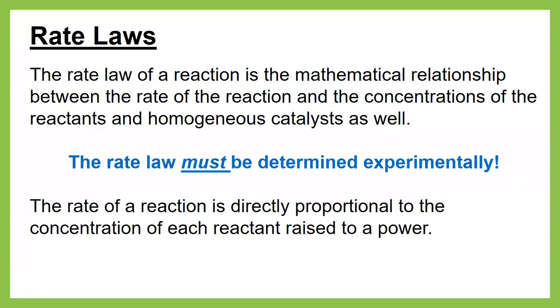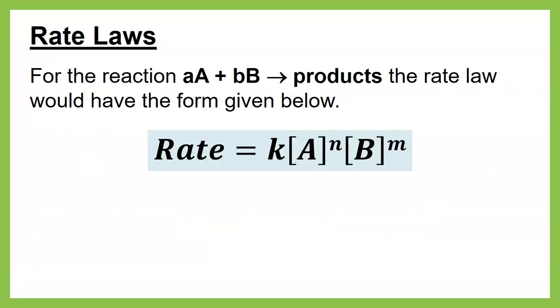We'll have the concentration raised to some power. That's what you learned to do in Honors Chem, is look at those data charts and figure out what exponents needed to be present. We have the rate equal to some kind of a rate constant. Make sure you use a lowercase k. A capital K is for equilibrium, right?